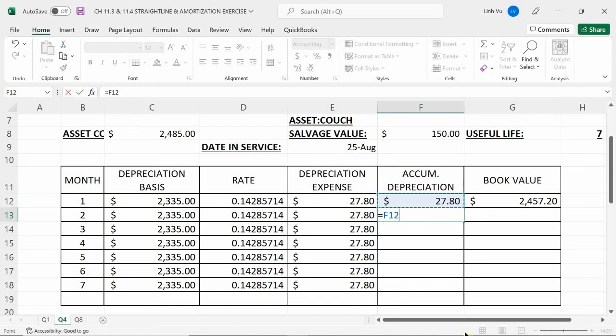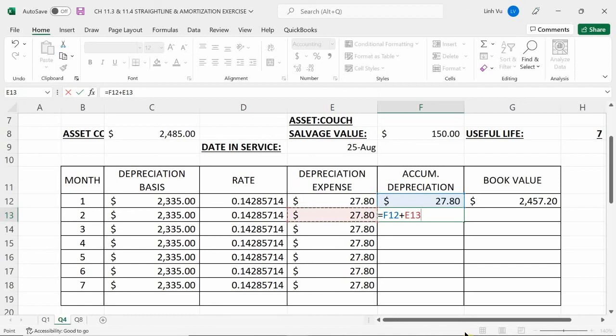Break down the word accumulated depreciation. What does accumulate mean? You add that plus the previous accumulated depreciation. So it'd be 27.80 plus the current, 27.80.